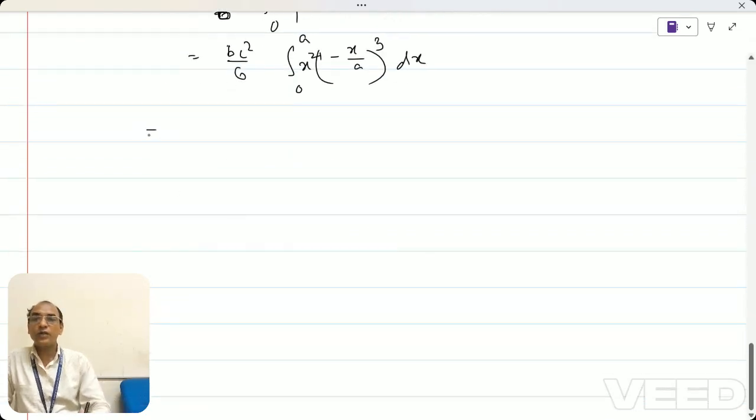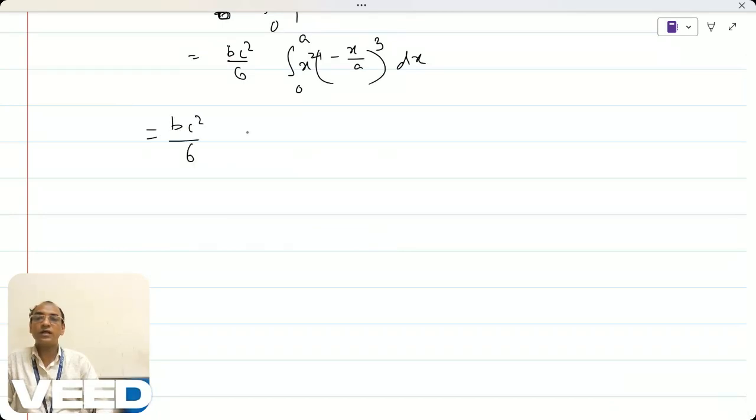Now you can open the bracket: bc square by 6, integration 0 to a, x square will be as it is.